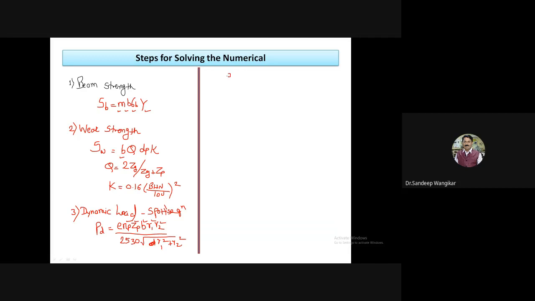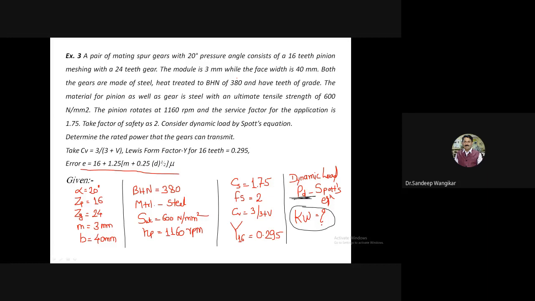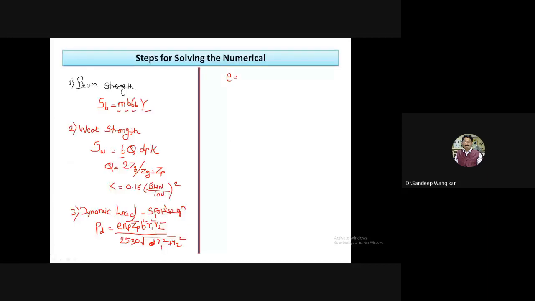So how to calculate this particular error? Here one formula is given: 16 plus 1.25 into bracket M plus 0.25 under root of D, raised to 1/2. I will calculate for pinion, EP, putting DP here.